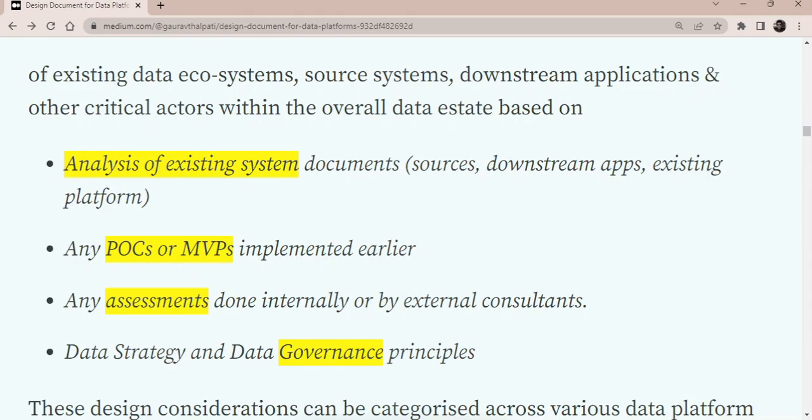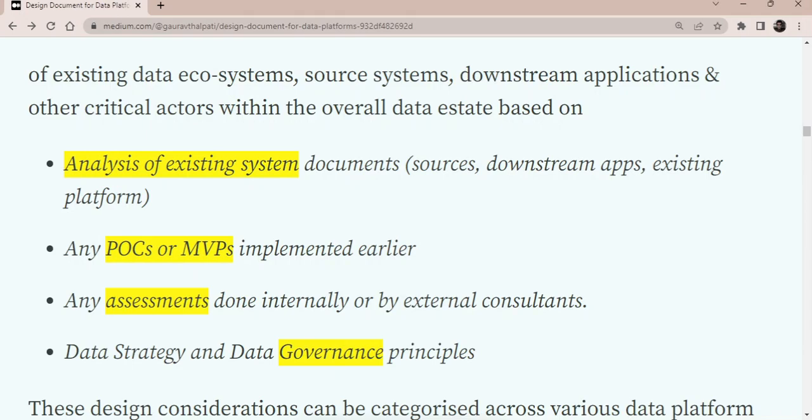Many times I've seen, before embarking on any data project, a lot of teams do an overall assessment of their current tech landscape, to understand the key challenges, or whether it would scale to the data growth for incoming years.